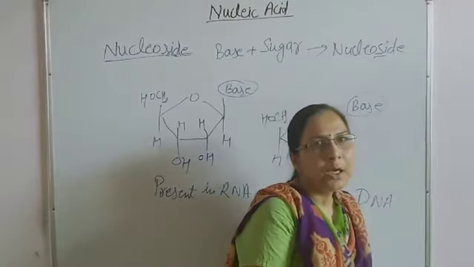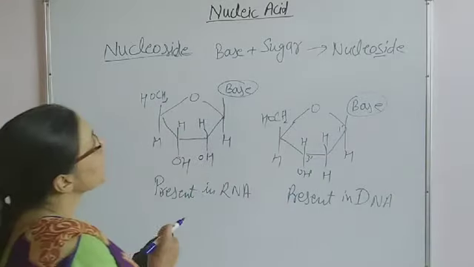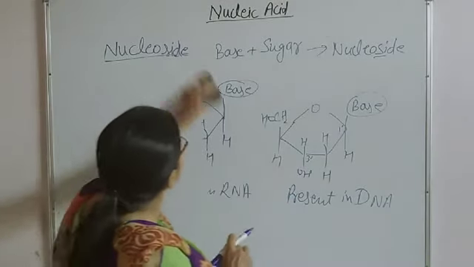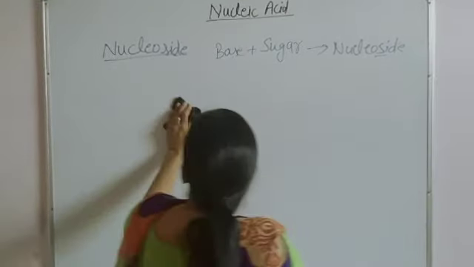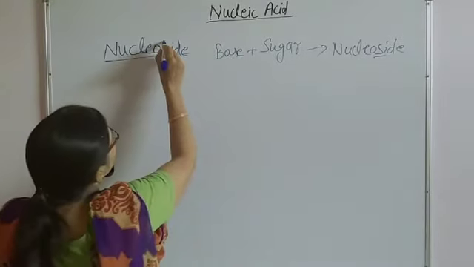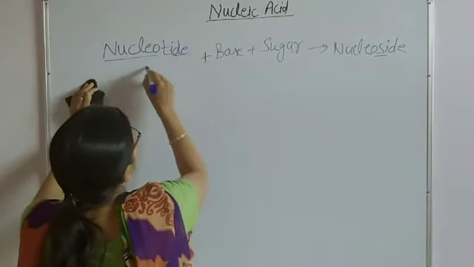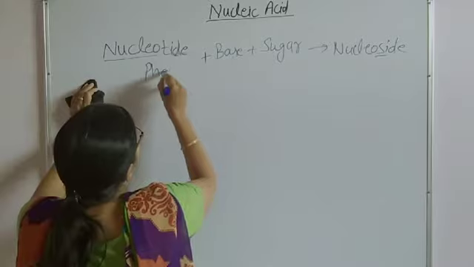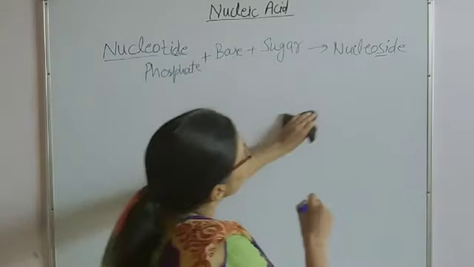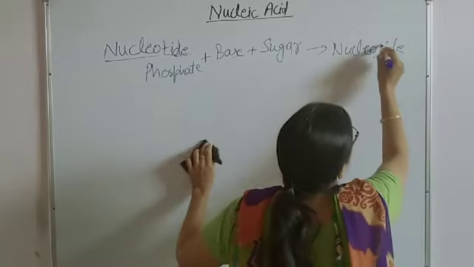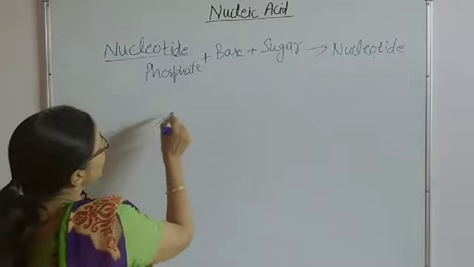Now the next molecule in the row is nucleotide. For nucleotide, I need to make this change: nucleotide is base plus sugar plus phosphate unit. It is known as nucleotide. Okay, so I am drawing the structure, any one.